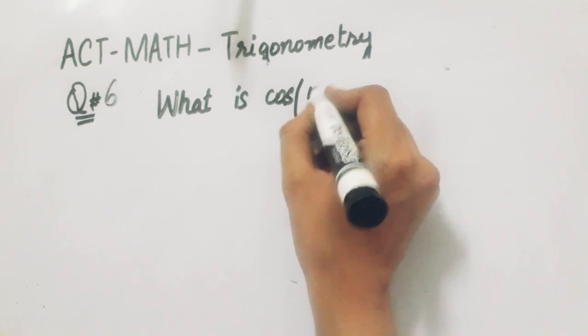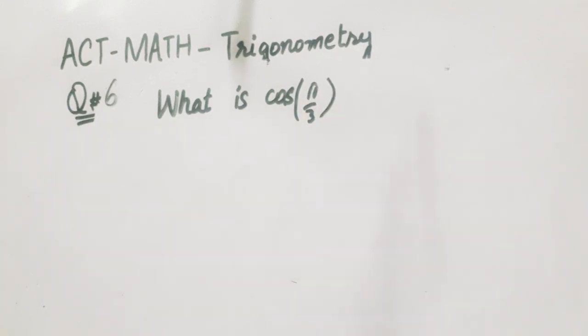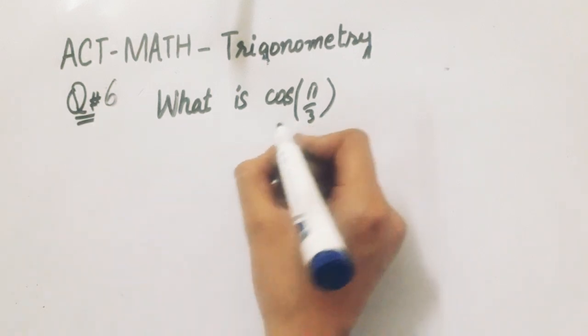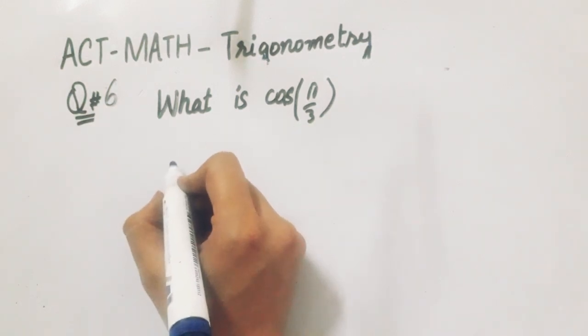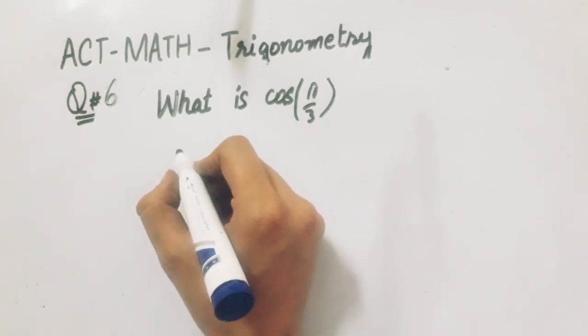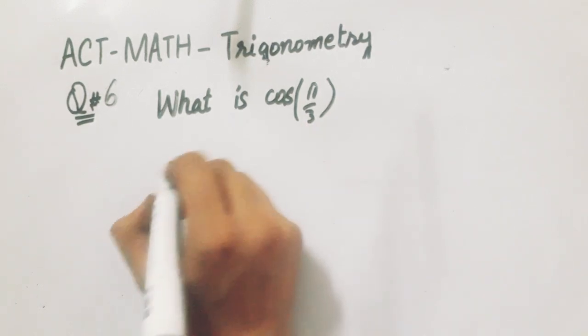what is cos pi by 3. So we will get the answer as, convert this in degree.